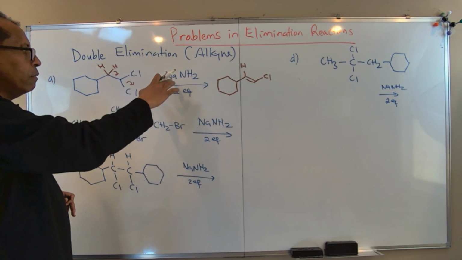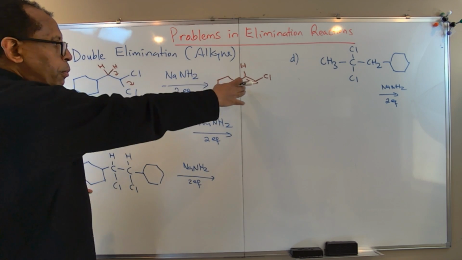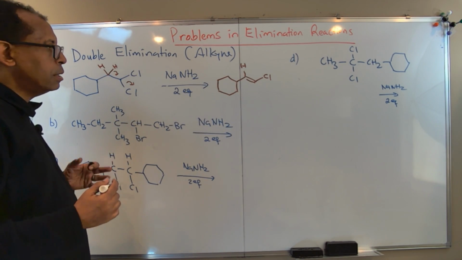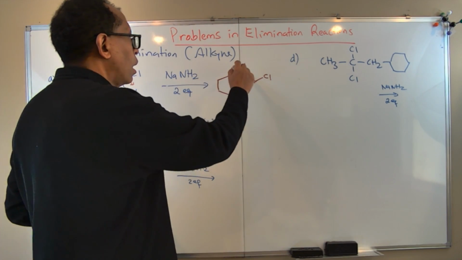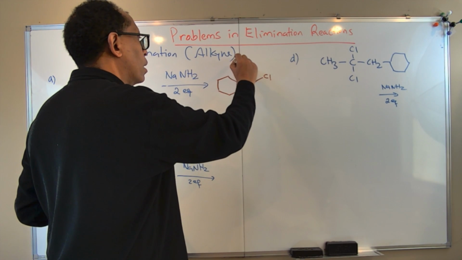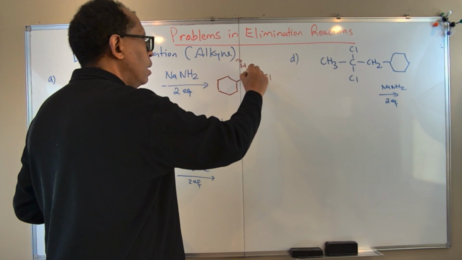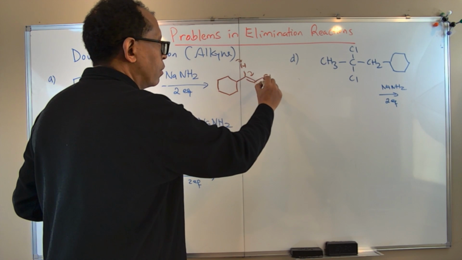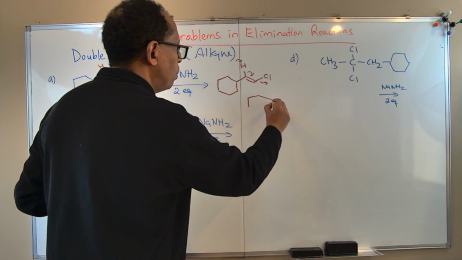You used one equivalent first to form that double bond, and this other base would come and take the second equivalent, double bond forms here, this leaves. So what you form is a triple bond.